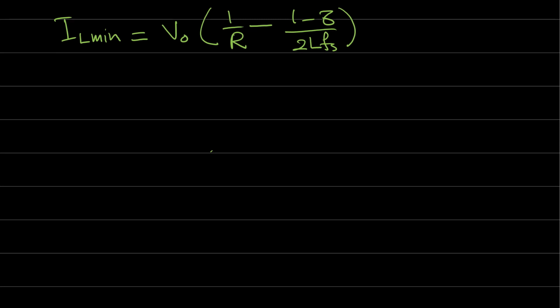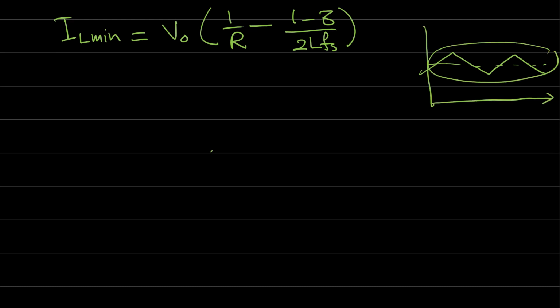In order to keep the inductor current above 0, this is a balanced operation, so this minimum value here must be larger than 0, right? So IL minimum must be at least 0, or larger than 0.